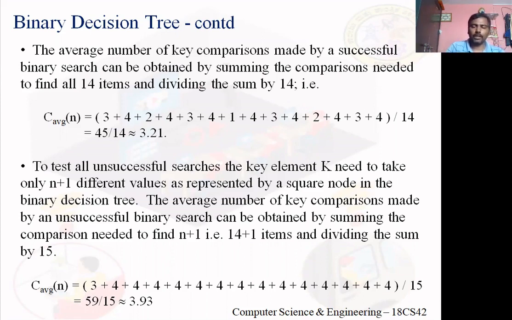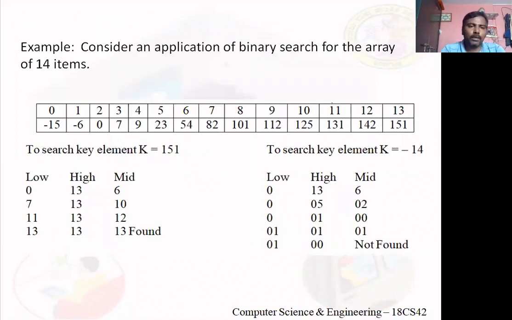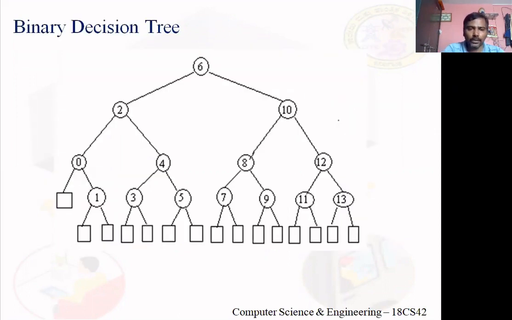Got it? So what about unsuccessful? Unsuccessful means, I'll tell you, there are 15 possibilities, because if you just look here, I have written 15 rectangular nodes. So why 15 rectangular nodes?